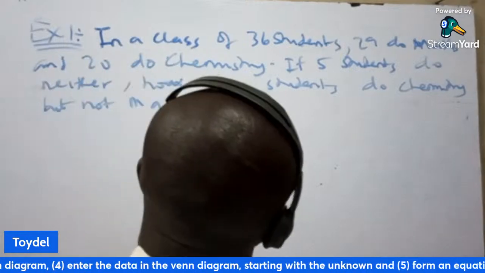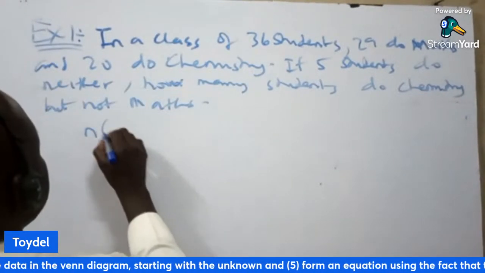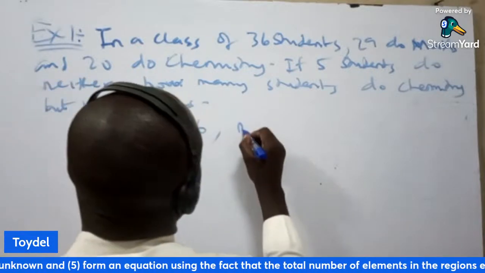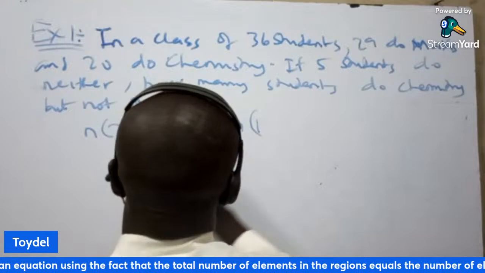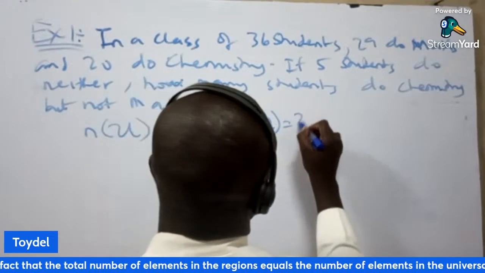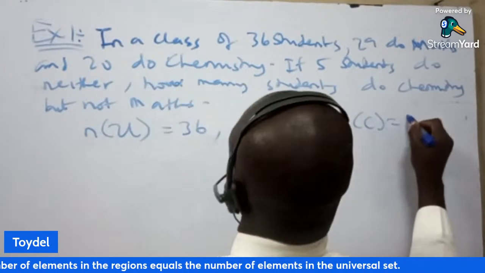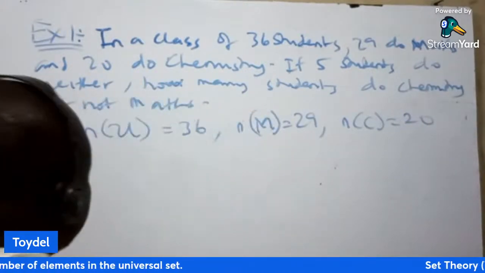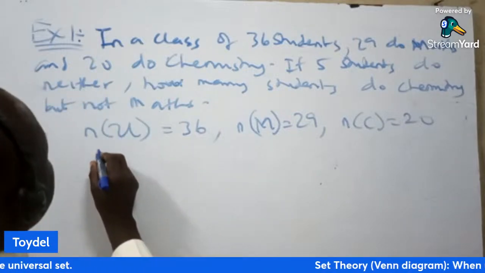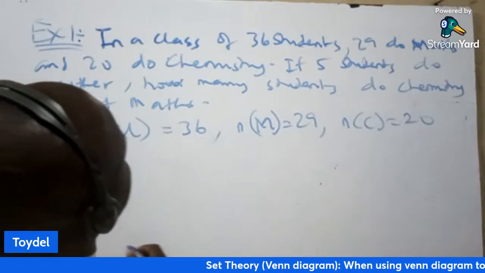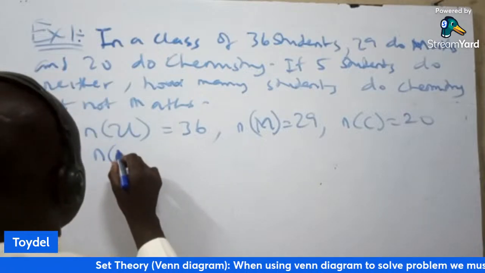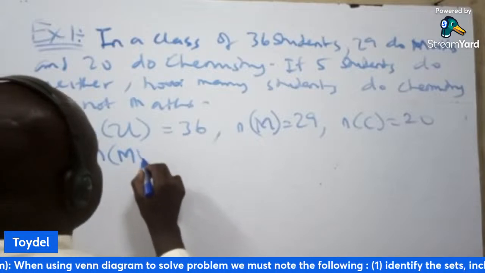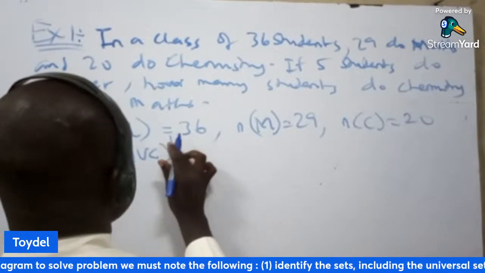So in this case, we are given the total number. That's the cardinality of the universal, which is 36. The number that do mathematics is 29. The number that do chemistry is 20. We also have the number that do either mathematics or chemistry, all complement.